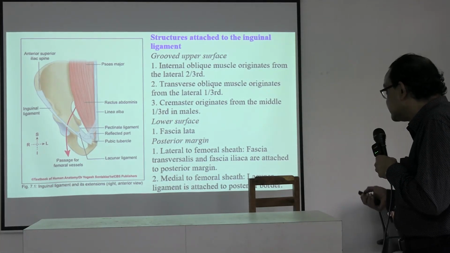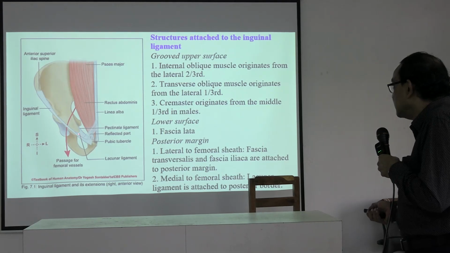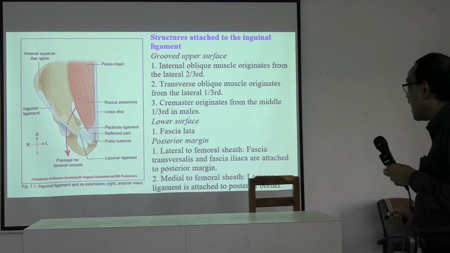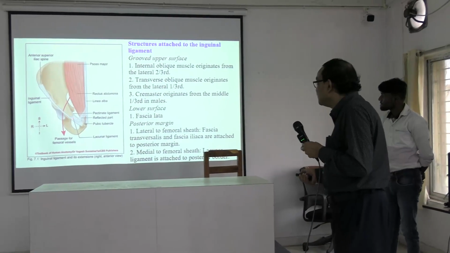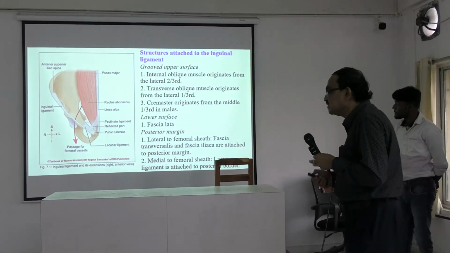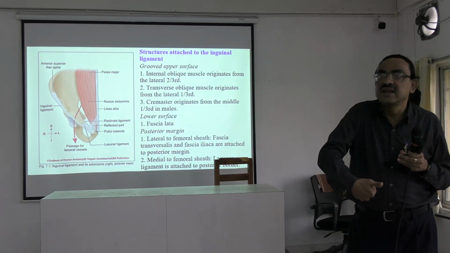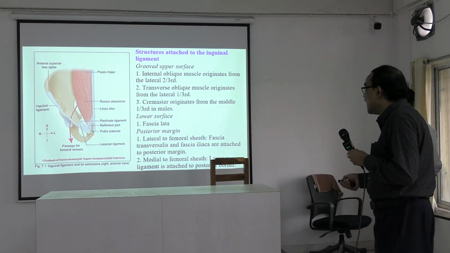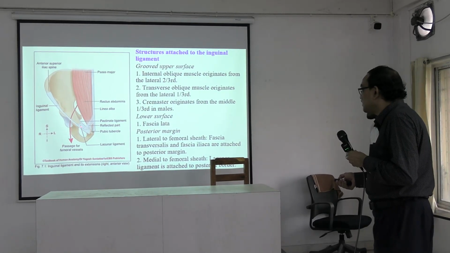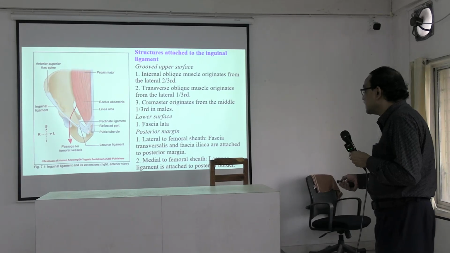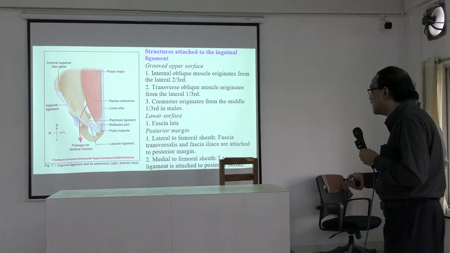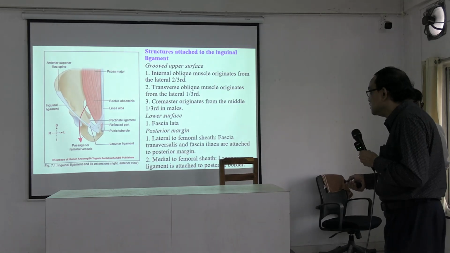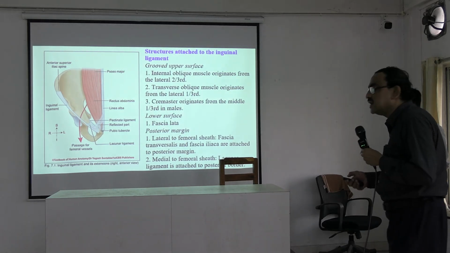And here you can see it gets folded like this, and the folded part creates another ligament, that is the lacunar ligament, which is triangular in shape, whose apex is attached to the pubic tubercle, base is free. So this ligament is called the lacunar ligament.